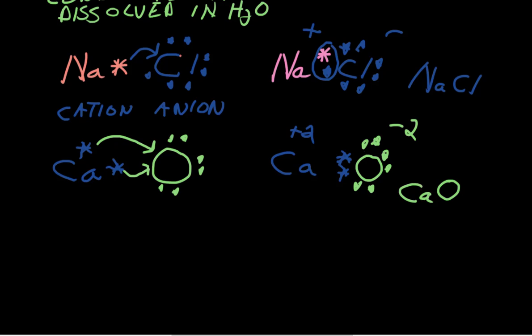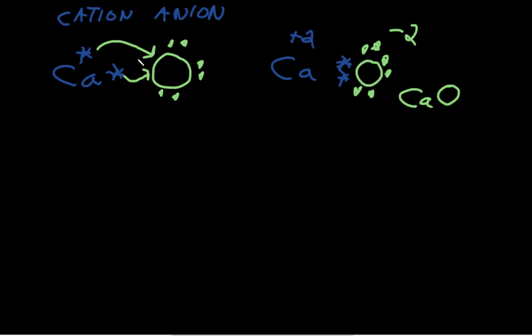Let's look at one more example. This time, let's look at what happens if we have 2 sodiums combining with 1 oxygen. Sodium has 1 electron in its outermost energy level, so it wants to get rid of it.